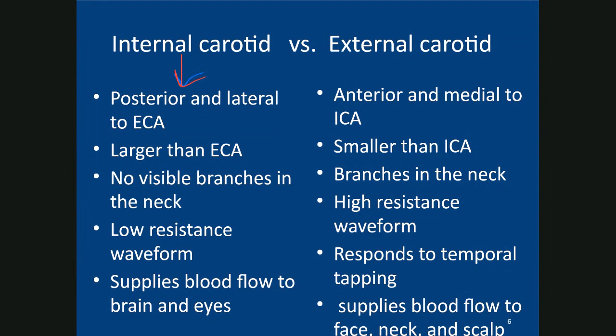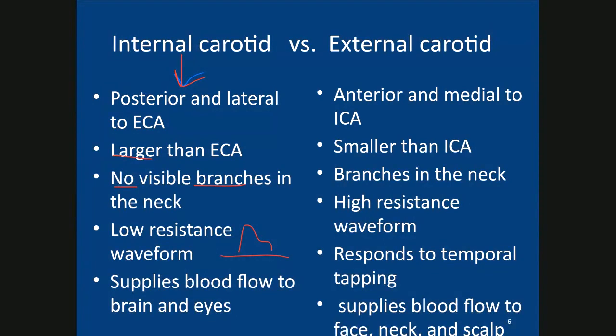It is slightly larger than the external in diameter. There are no visible branches in the neck. It has a low resistant waveform. Again, it looks more like this, a broad peak coming down like that. And it supplies blood to the brain and the eyes.